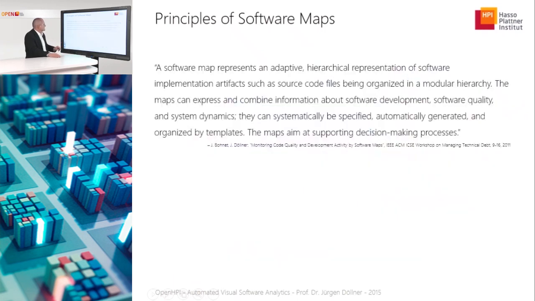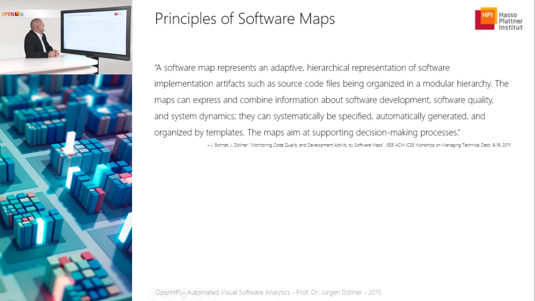Now let's explore a little bit more what software maps are and why they have been developed. This is a statement from an article about monitoring code quality and development activity by software map.